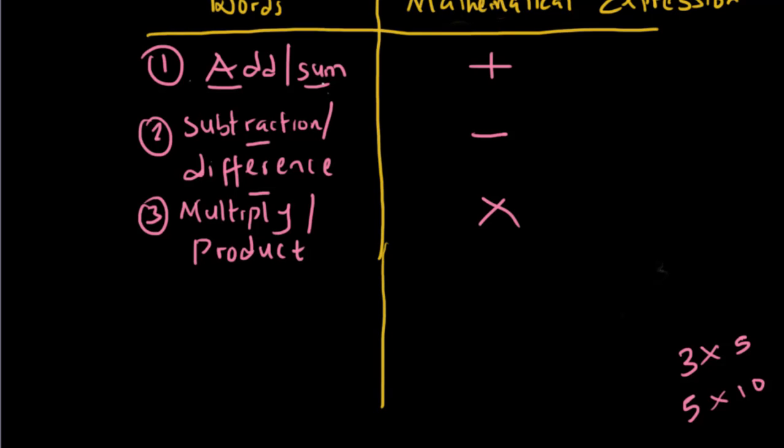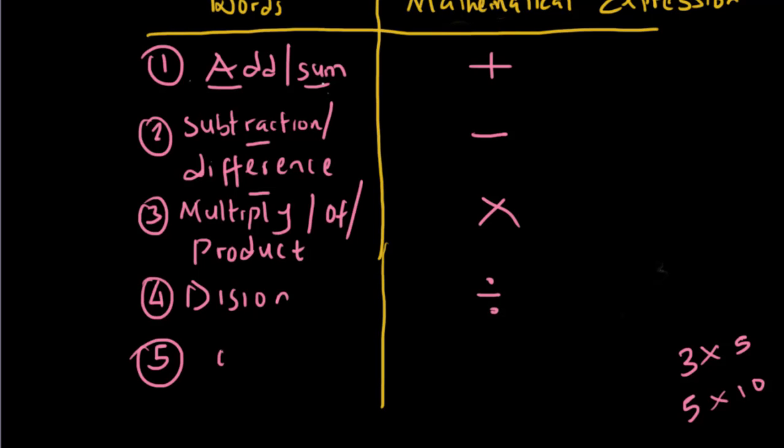The next is division. Obviously, division means divide. Now I need to add that, besides multiply, we can also have of. Of is also multiplication. Then for number 5, we have is.